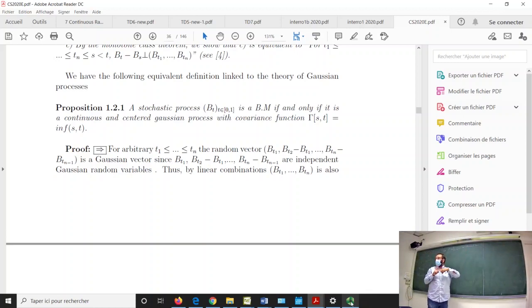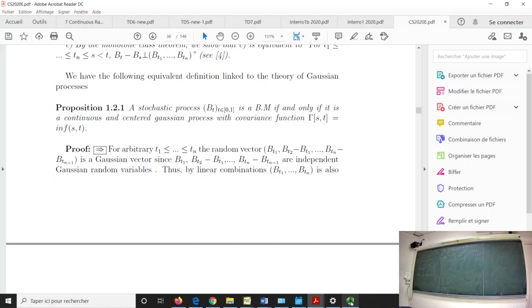Ortho means I have orthogonality. That is, if I consider the scalar product between two elements of this type, I have something that is 0 if n is different from p, meaning that I have orthogonality in the sense of my scalar product. And if n is equal to p, I want the basis to be ortho and normal.